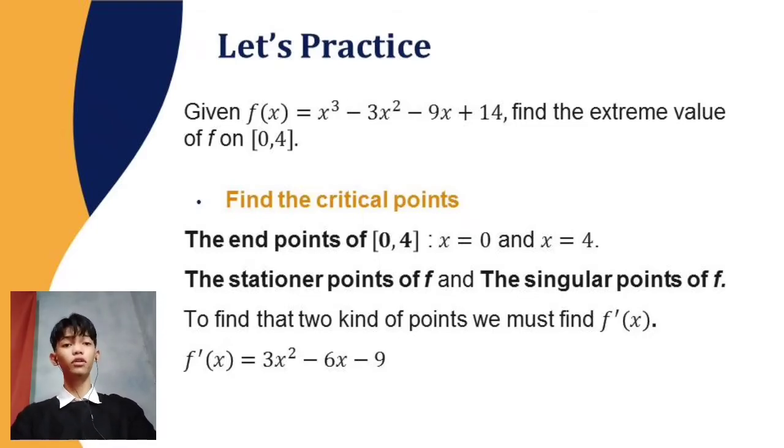To find those two kinds of points, we must find the derivative of f of x, or f prime of x. With the rules for finding derivatives that we have learned before, we get f prime of x is going to be 3 times x squared minus 6x minus 9.